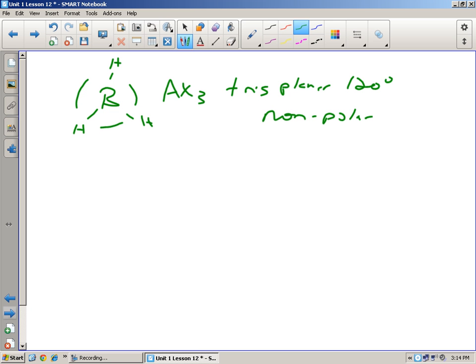And in fact, those are the only AX3 molecules that can be nonpolar, because anything else, as far as AX3 goes, will have double bonds in it to make the octet, yes? So just keep in mind that boron type molecules are the only ones that can be probably nonpolar all the way around. Yeah? So that's nonpolar. What's the next one?